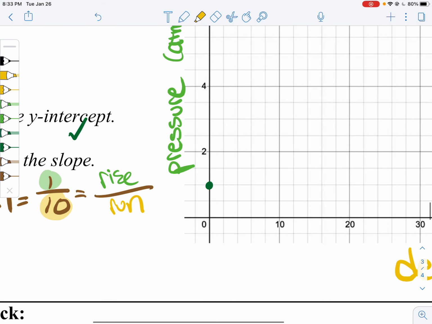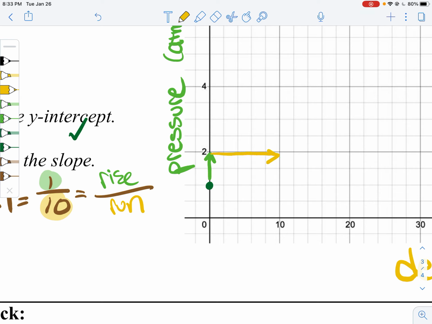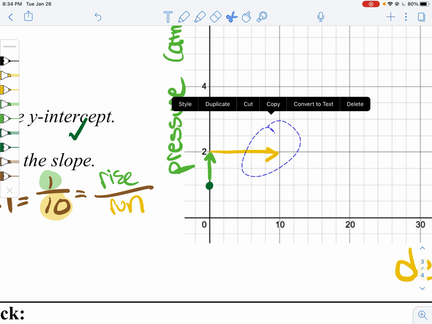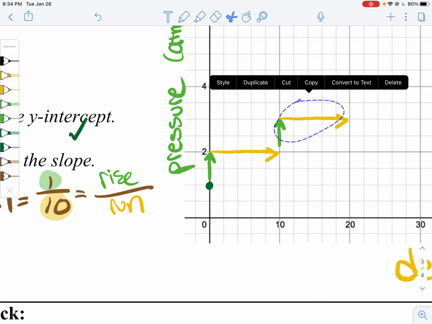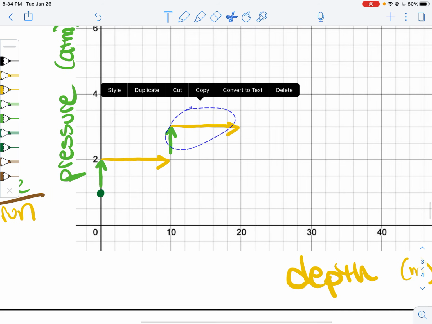Let's start at 1. Let's rise up 1, and then go over 10. Look, there's our 10 right there. Let's do it again. Up 1, over 10. Let's do one more time.